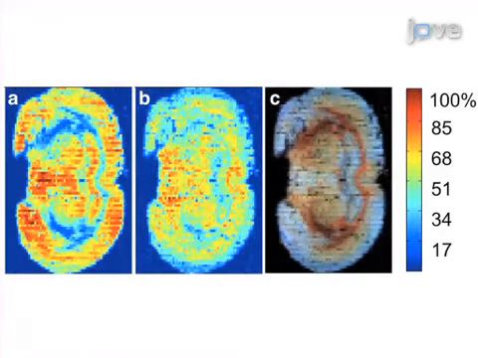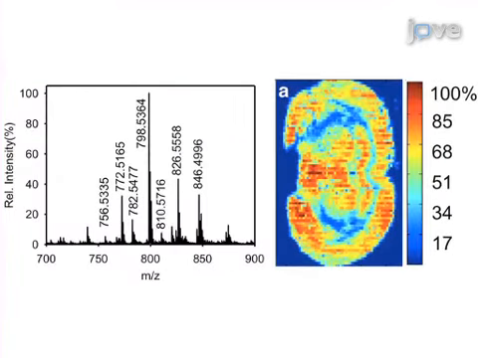The spatial distribution of example lipids shows how the relative abundance of different phosphatidylcholine species varies between the gray and white matter of the brain. For example, the species potassiated phosphatidylcholine 34:1 with a mass-to-charge ratio of 798.5364 shows increased intensity in the cerebellar cortex or gray matter.